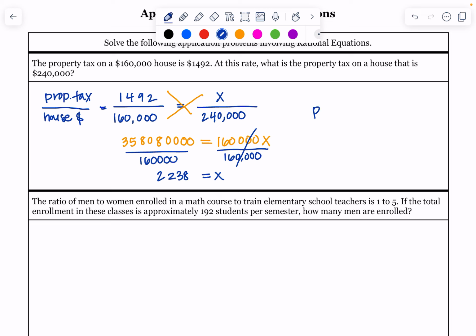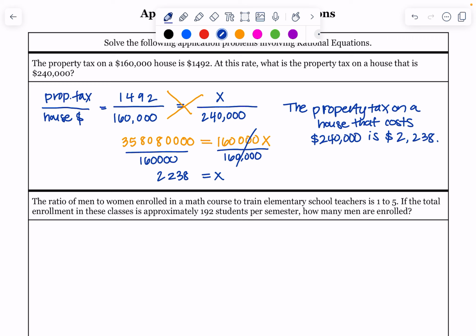So the property tax on a house that costs $240,000 is $2,238.